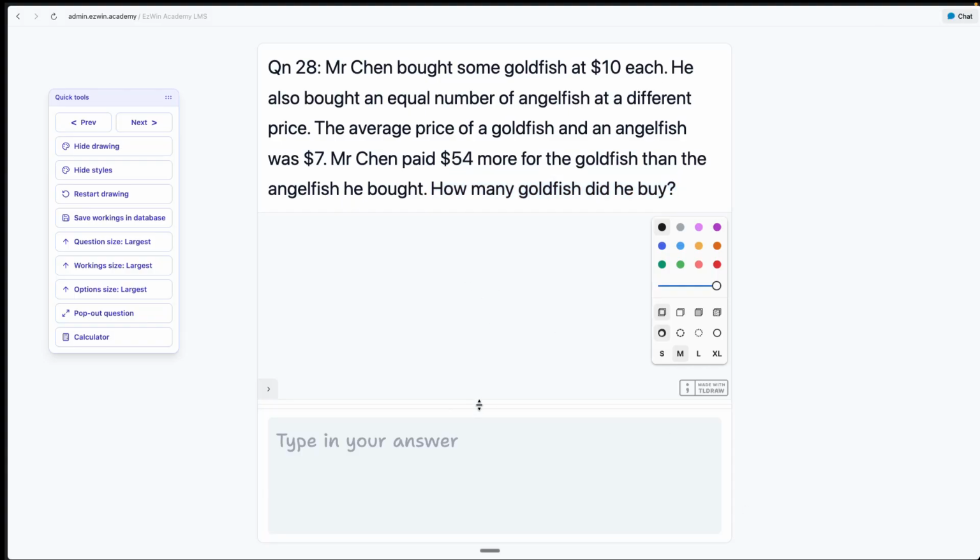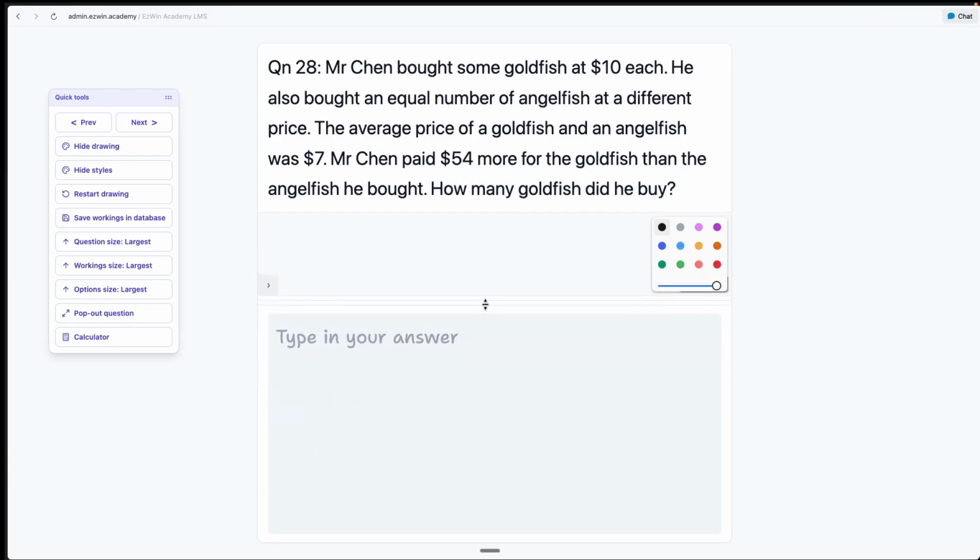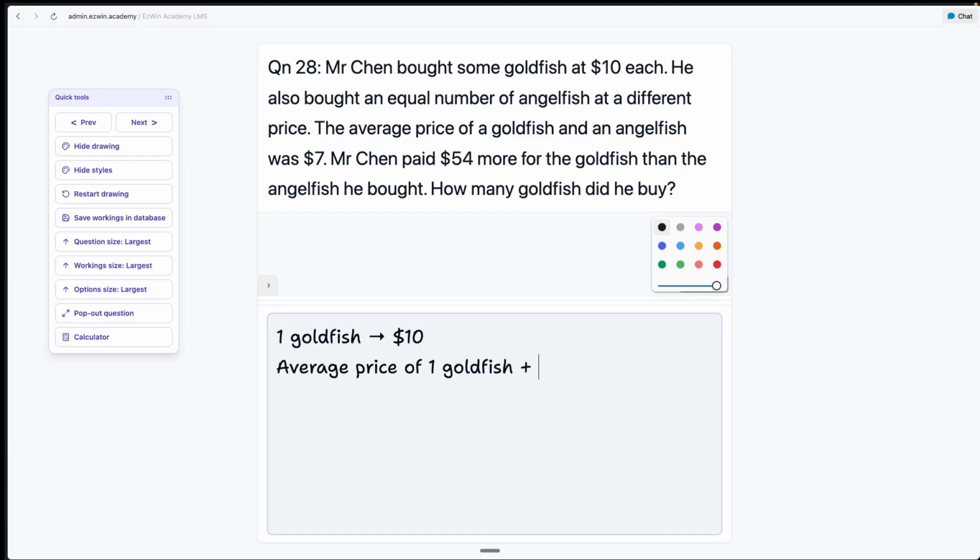Okay, so over here, what we can do is we can say that one goldfish is equal to $10. And then we know that the average price of one goldfish plus one angelfish is equal to $7.